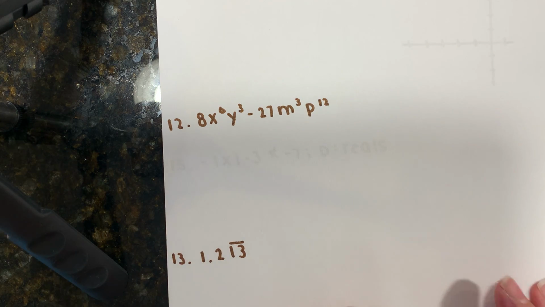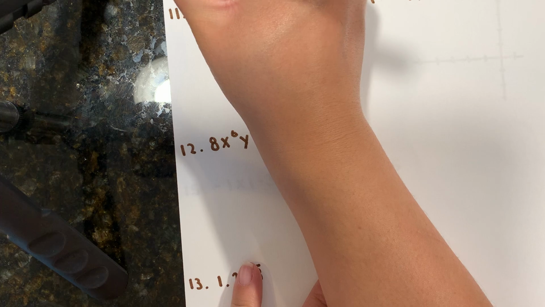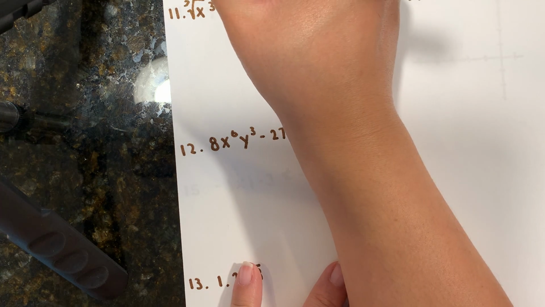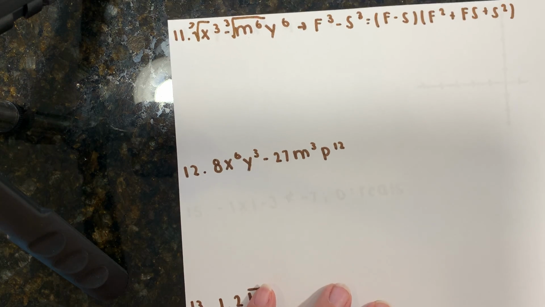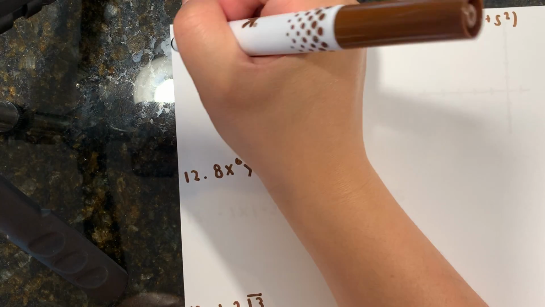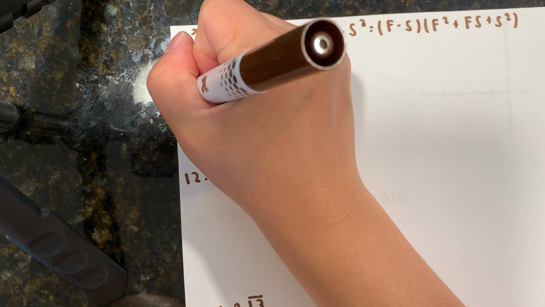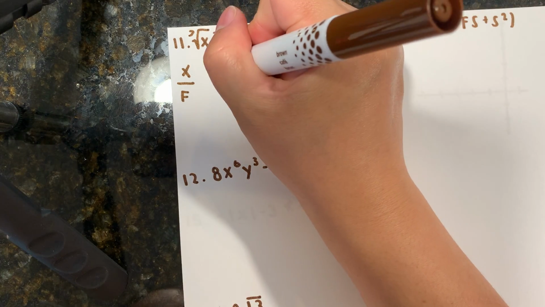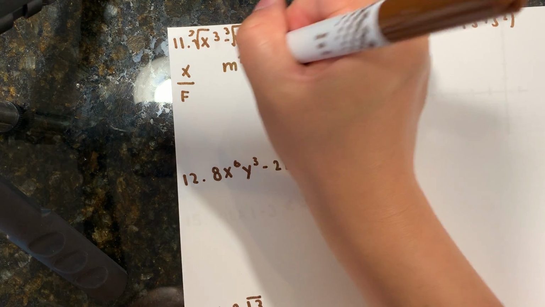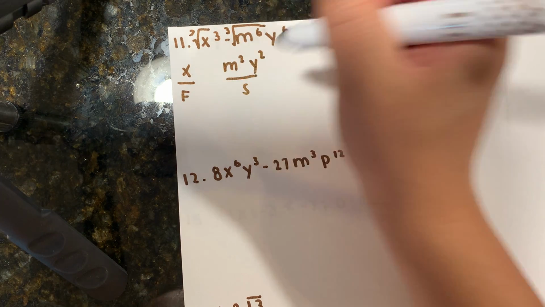So I'm going to start by taking the cube root of each of these terms. So the cube root and the cube root, and really all you're doing is dividing each of those exponents by 3. So that would be x for the first one. This is going to be my f. 6 divided by 3 is going to be 2. 6 divided by 3 is 2, so this is going to be my second term.